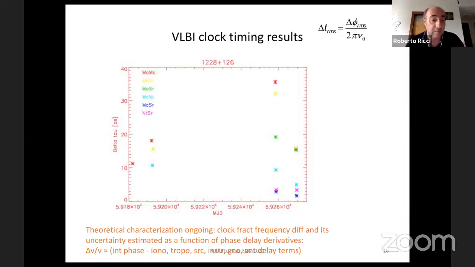And so now I'm creating a theoretical model so that I can study the uncertainty, also determining the fractional frequency difference from the interferometric phase scatter, and also the tropospheric, ionospheric, source structure, instrumental, geometry, and antenna delay terms.